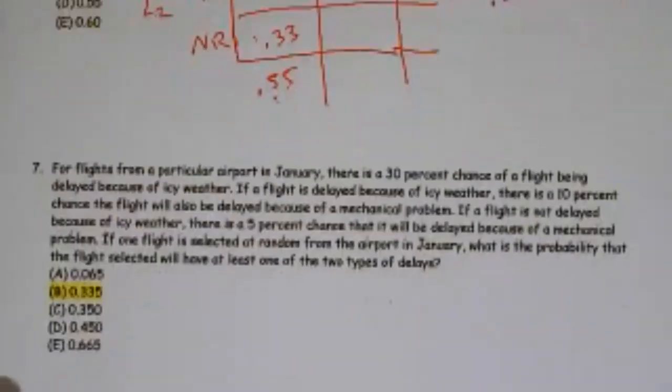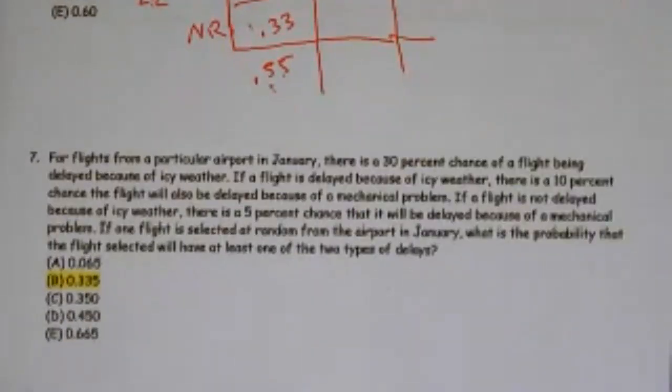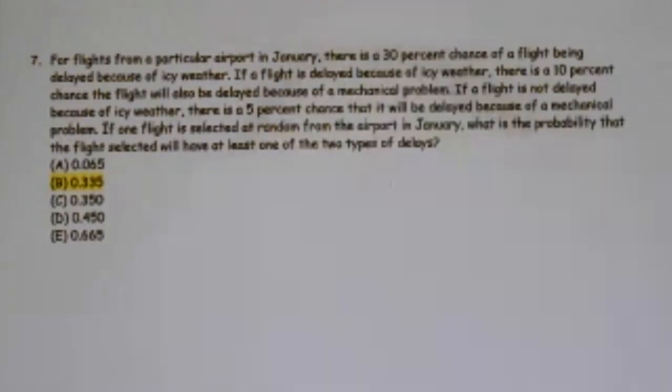All right, this next multiple choice problem is, I think, one of the more difficult ones that show up. So for flights from a particular airport in January, there's a 30% chance of a flight being delayed because of icy weather. And by the way, when we're working with tables, we're trying to find the single variables. If we have a number associated with a singular variable, we can place it.